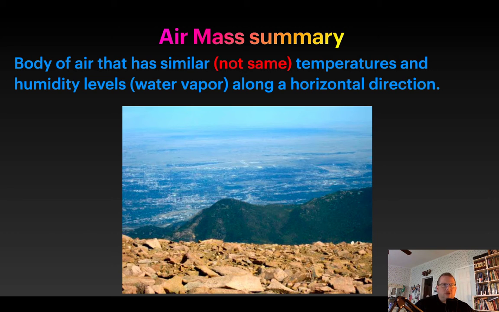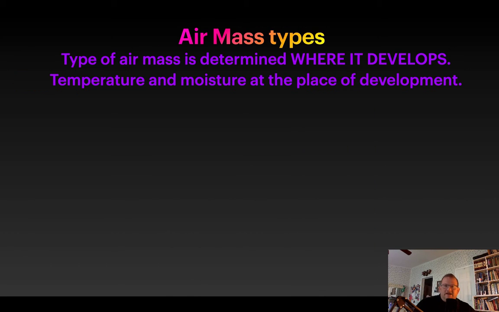Now let's talk about the types of air masses. We talked about what an air mass is and what makes it up: similar temperatures, similar humidity levels, similar horizon. For air mass types, there's only 4 types of air masses. Depending on where else you look online, they may come up with 6, but really those other types fit into these categories.